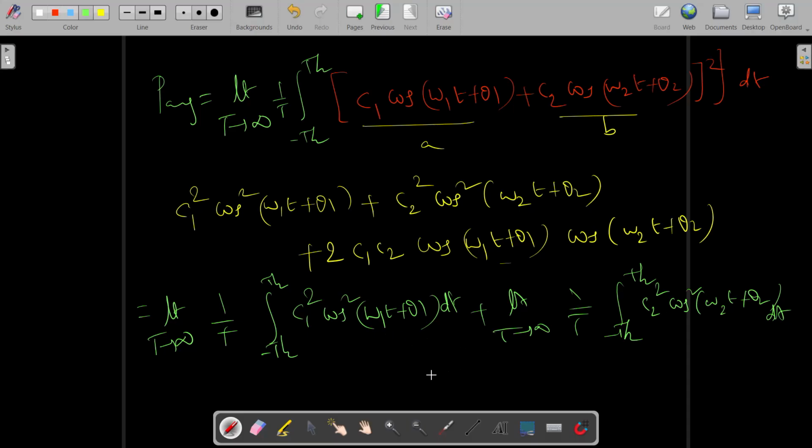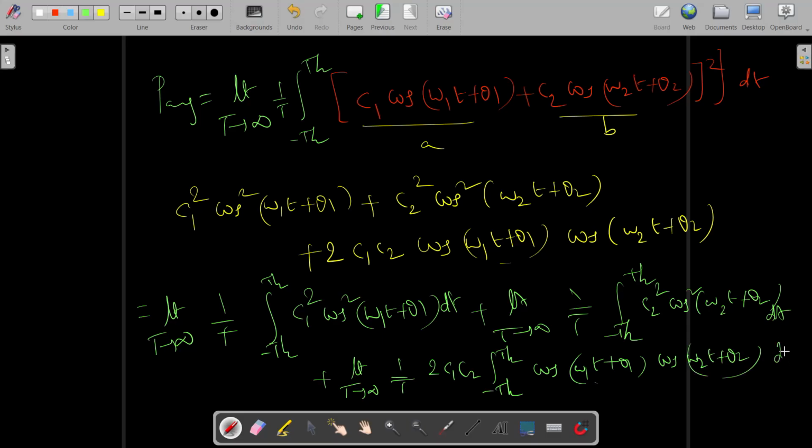What about the third term? The third term is limit T tends to infinity, 1 by T, with 2 c1 c2 constant kept outside, integral minus T by 2 to plus T by 2, cos omega 1 t plus theta 1 times cos omega 2 t plus theta 2 into dt.